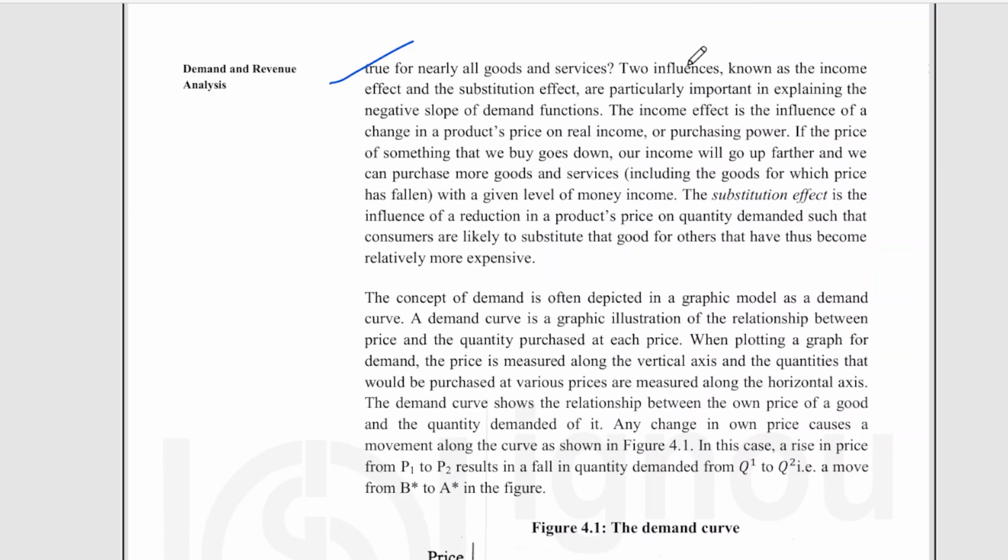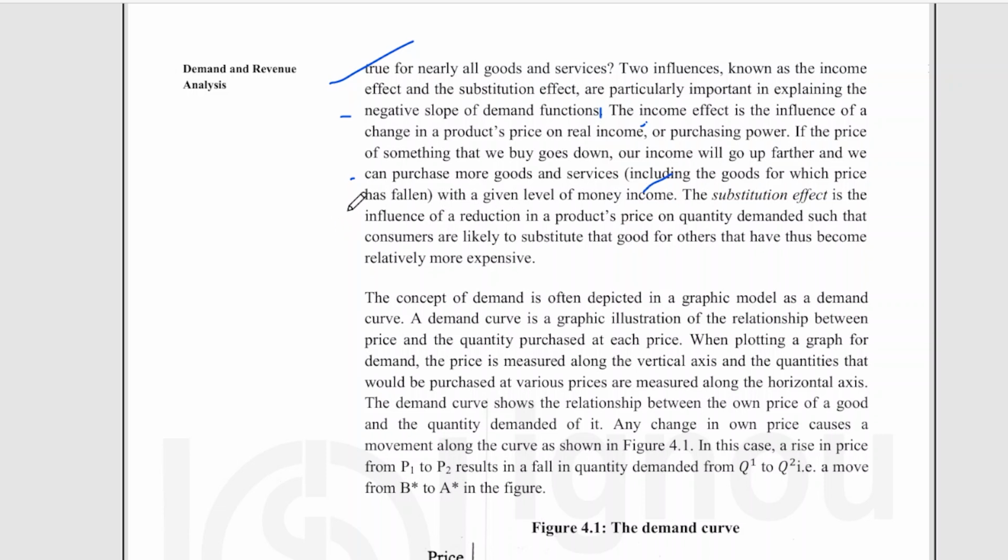Two influences known as the income effect and the substitution effect are particularly important in explaining the negative slope of the demand function. The income effect is the influence of a change in a product's price on real income or purchasing power. If the price of something that we buy goes down, our real income will go up, and we can purchase more goods and services with a given level of money income.